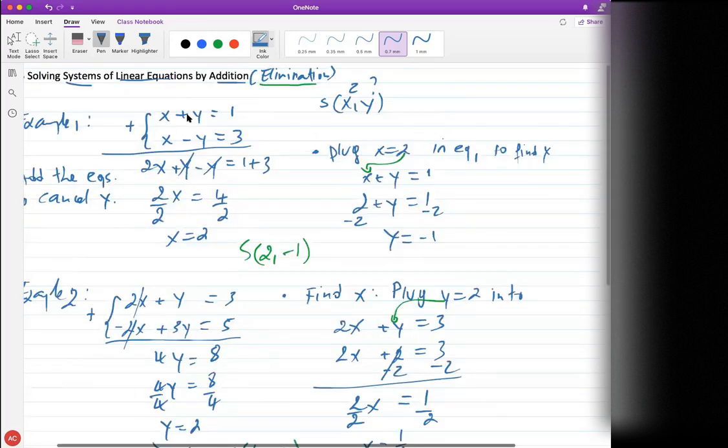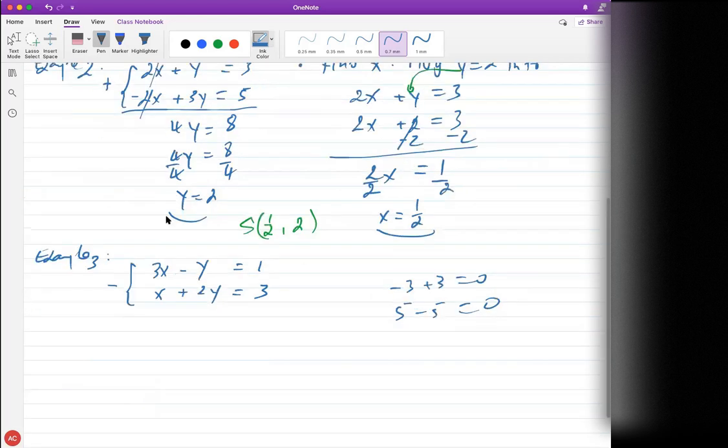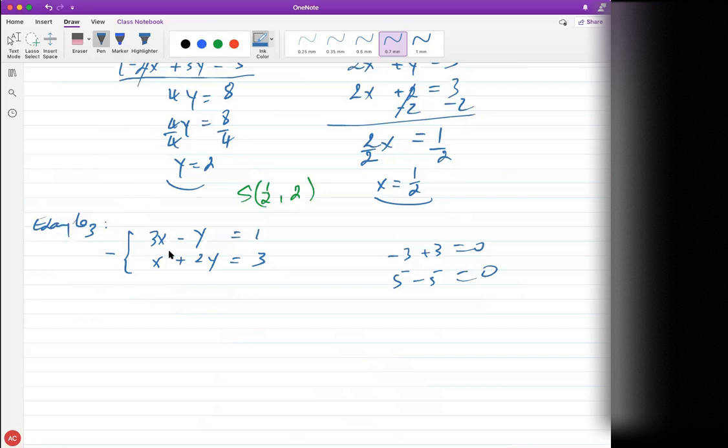Here we had positive y minus y, cancel out. But here we don't have the same number. So we either need a 3 here. We need a -3 here. So 3, the opposite of it is -3. Or we have a +2 here. We need a -2. We can do either way.